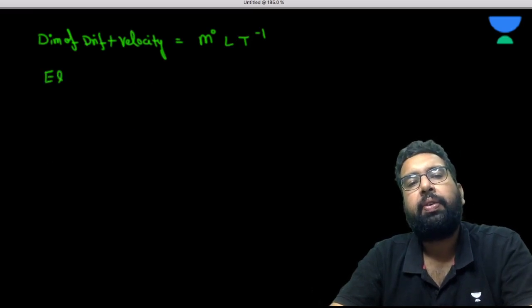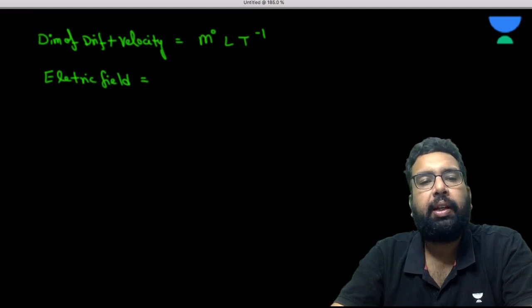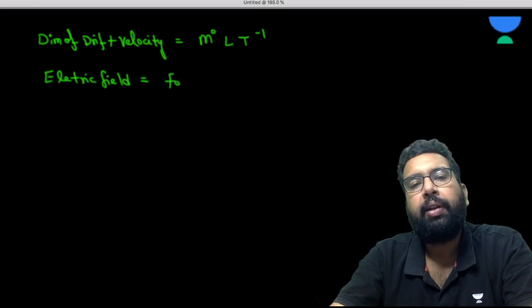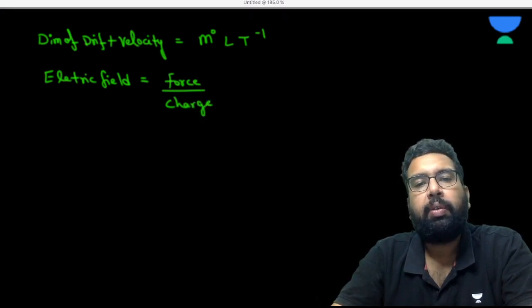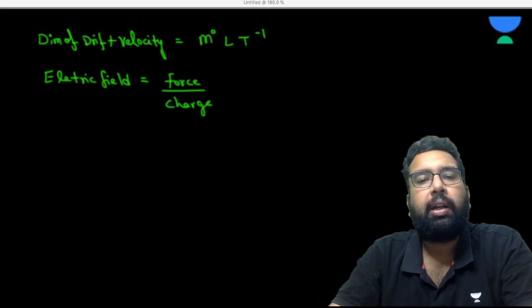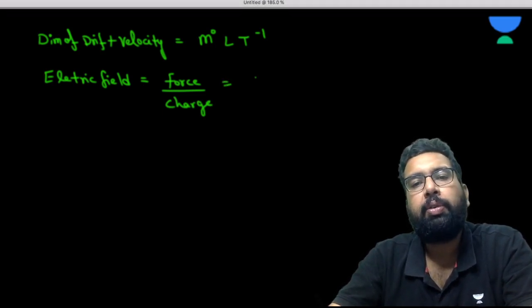So what is the electric field? Sir, electric field is force by charge, right? It is force upon charge, isn't it? So what is going to be the dimension of it? See, the dimension of force we must memorize. It is M L T minus 2. And what is the dimension of charge? It is I into T, electric current into time.